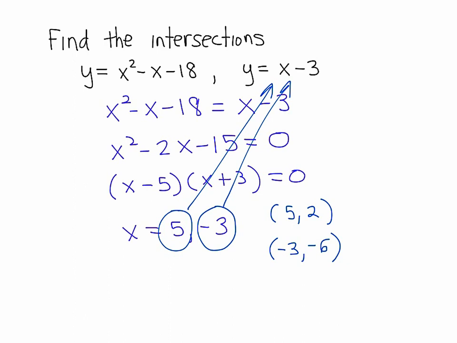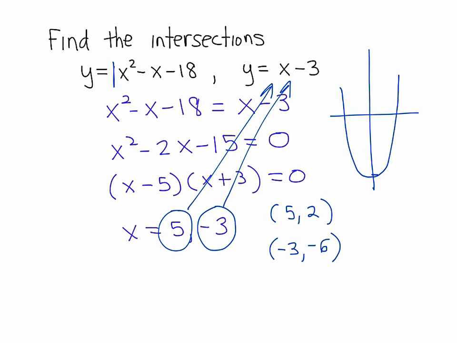If we were to graph this, the quadratic function has a y-intercept at negative 18. Since a is equal to 1, it's concave up. So it's going to be in some form of a function like this. For the linear function, we have y equals x minus 3.